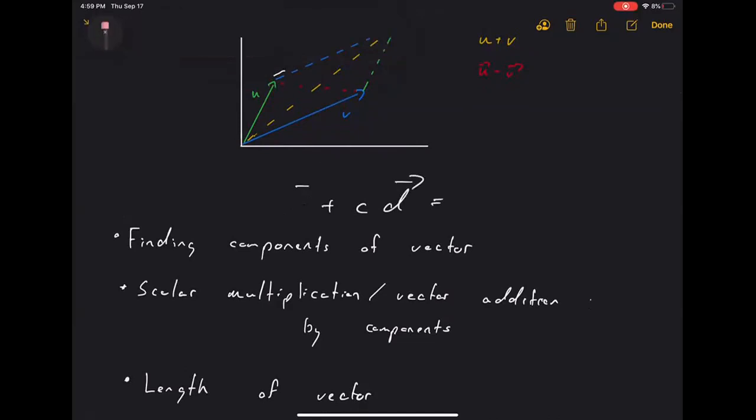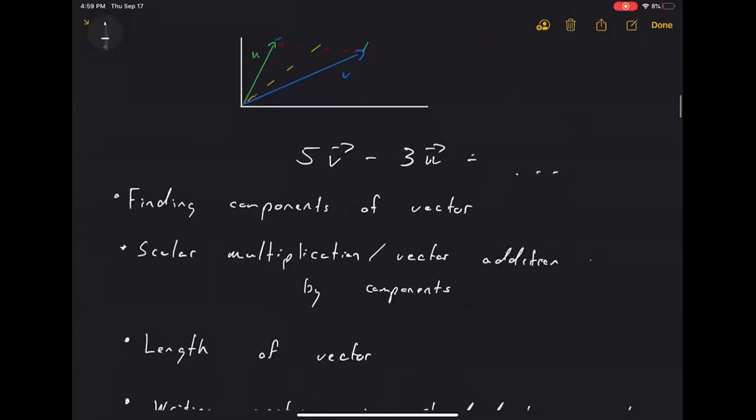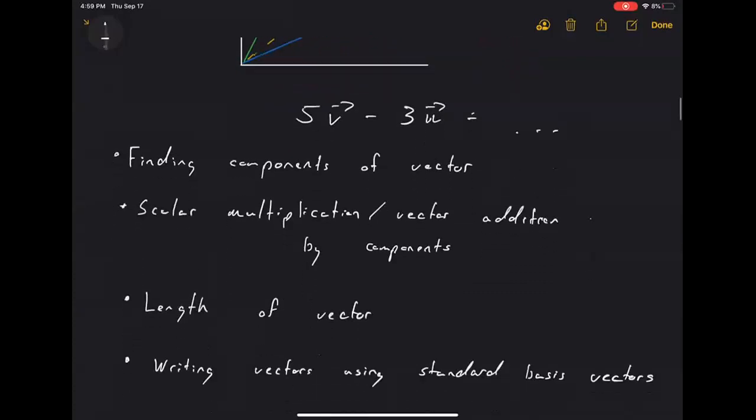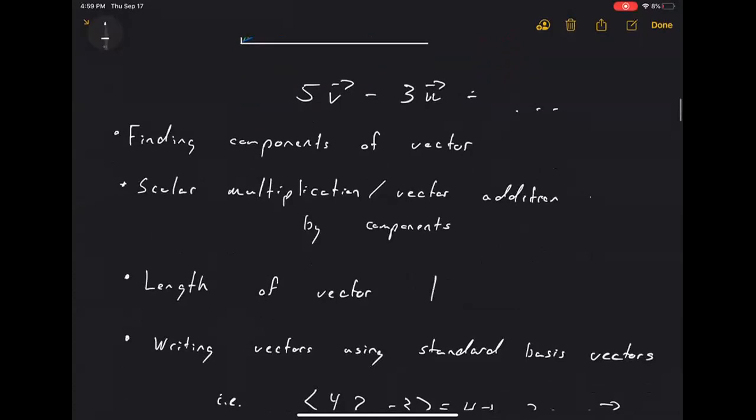So for instance, if I tell you the components of u and v, you should be able to figure out the components of like 5v minus 3u. Okay. So combining scalar multiplication and vector addition. The length of the vector, okay, that's basically using our distance formula, right?